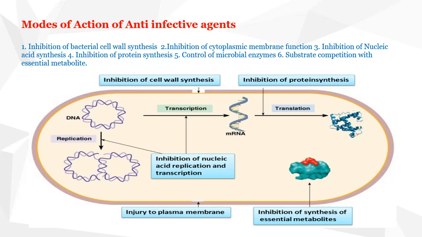This gives additional strength and acts basically as a skeleton to protect the cytoplasmic membrane. So inhibition of bacterial cell wall synthesis or injury to the cell wall by the anti-infective agents diminishes this protection. And without the protection, in a relatively hypotonic environment of the body, these bacterial cells will explode.